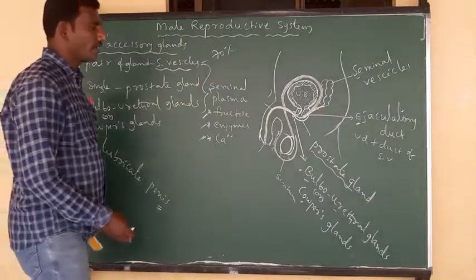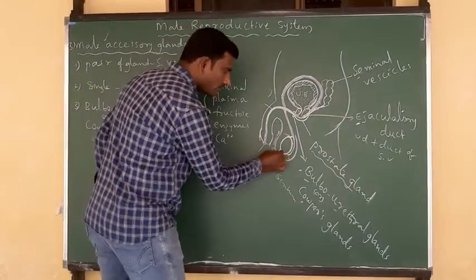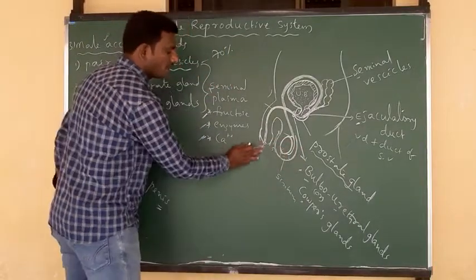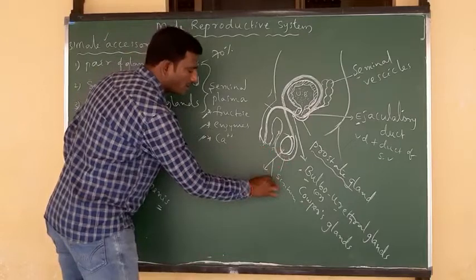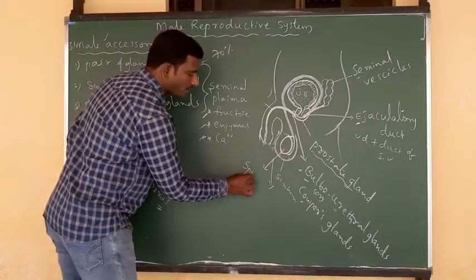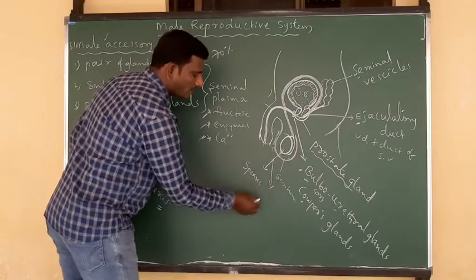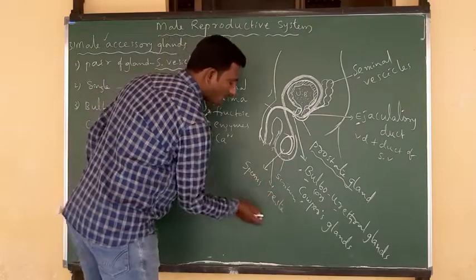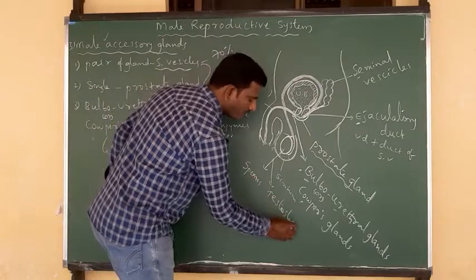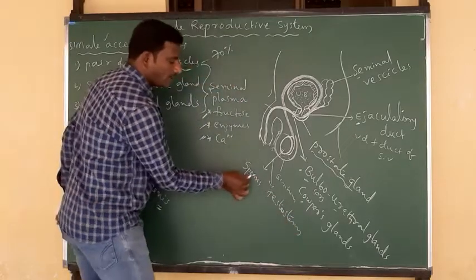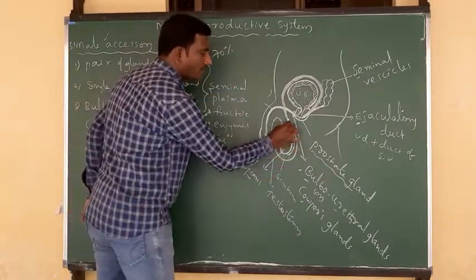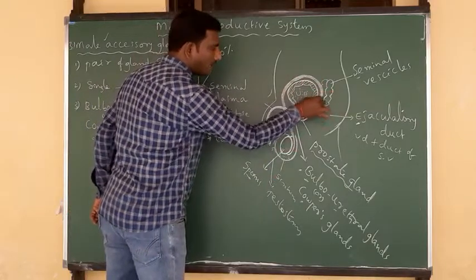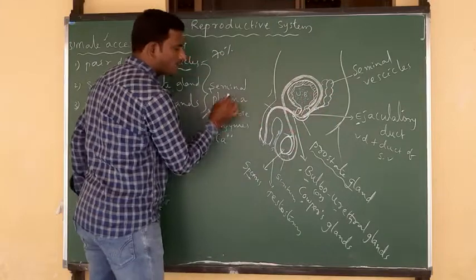Now already we know the function of testis. Mainly two types of functions are there. First, they produce sperms, and the second is they secrete male sexual hormones called testosterone. See here, sperm cells are coming like this. Once the sperm cells come here, all these glands together secrete seminal plasma.